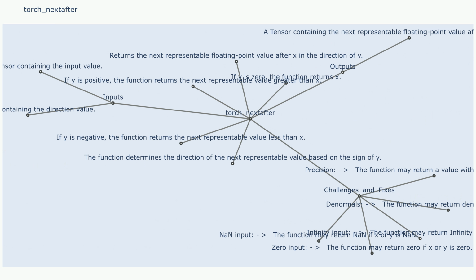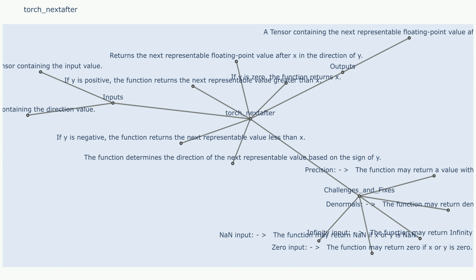Challenge 2: the function might produce unexpected results or errors if the input values x and y are too close to each other, or if the difference between them is not representable due to the limitations of floating point arithmetic. Sample use case that resulted in challenge 2: calculating the next representable floating point number after a value very close to the maximum representable float64 value, with a y value slightly greater than x.